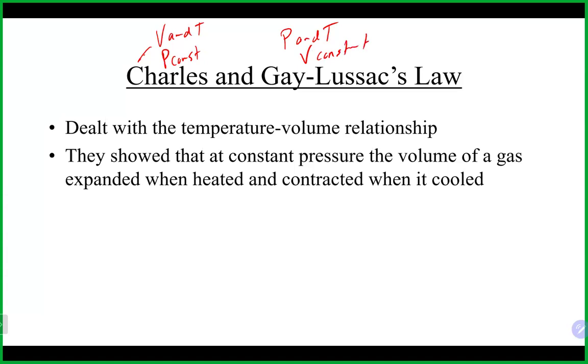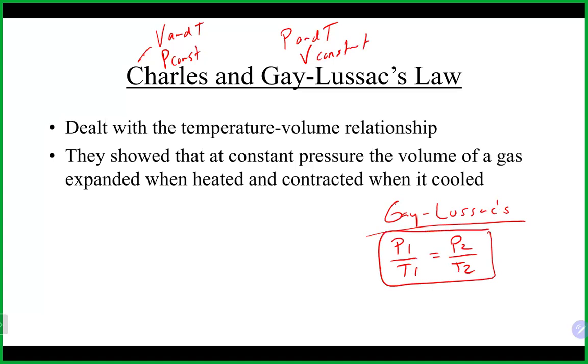So let's talk first about Gay-Lussac's law. Basically, his law was P1 over T1 is equal to P2 over T2. Once again, this is at constant volume. So what happens in this particular case? Let's say we have gas molecules in this container at constant volume.